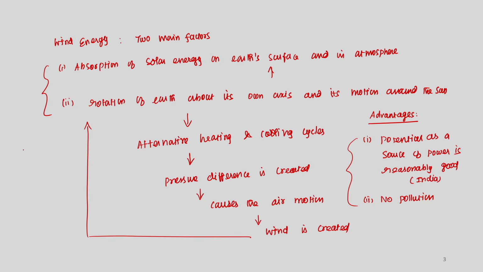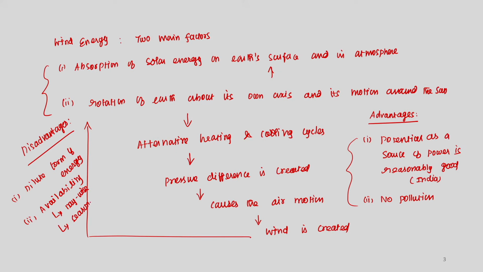But what are the disadvantages? The same disadvantages that we discussed in solar energy. One is that it is a dilute form of energy. The second one is availability, which varies day wise as well as season wise. Only in a particular season would you get the required wind energy. So, this is availability in terms of storage.